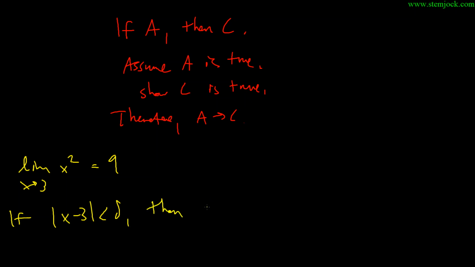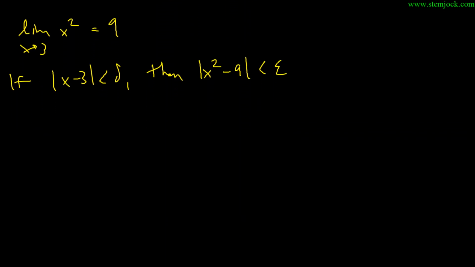Then our consequent will be the absolute value of the function, x squared minus 9, less than epsilon. So our objective here is to figure out what value of delta to choose so that this consequent will follow.